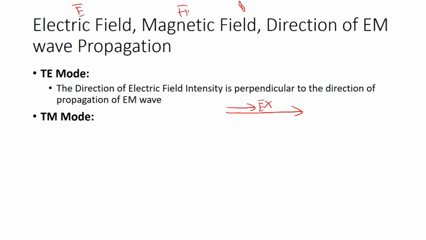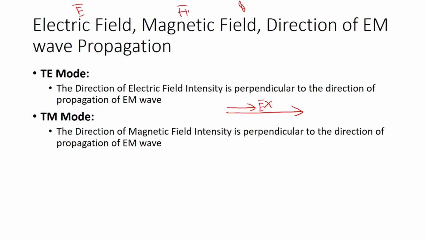Similarly, if it is the transverse magnetic mode of electromagnetic wave propagation, the direction of magnetic field intensity is always perpendicular to the direction of EM wave. So, if this is the direction of EM wave, then this can't be the direction of magnetic field intensity. The next mode of EM wave propagation is transverse electromagnetic wave.